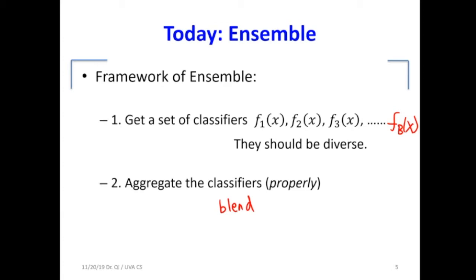So what types of models have a lot of variation? Classifiers that vary a lot, which have high variance. High variance predictors are very good candidates for base classifiers, especially if you use bagging-type blending.